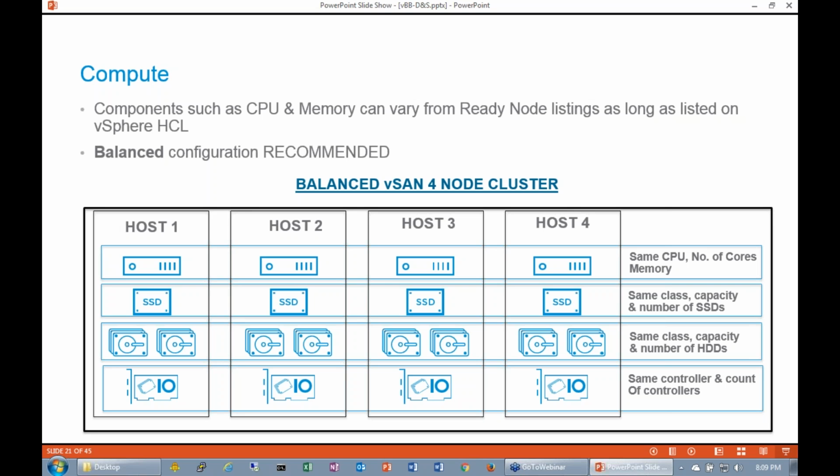Or I'm not worried about deduplication and compression, but I do want to use erasure coding. It could be that the numbers actually work out to be about the same, or the numbers are cheaper if I go with spinning, if I'm doing 7,200 RPM drives as opposed to 10K RPM drives.